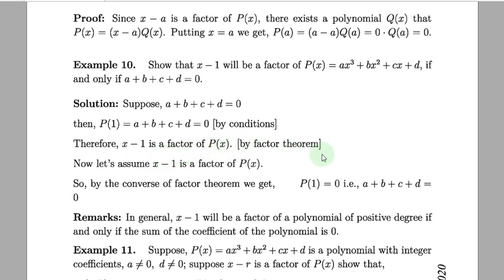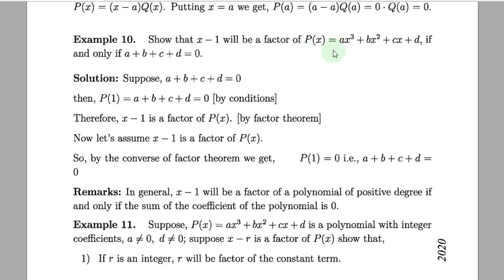And to prove the converse, let's assume x minus 1 is a factor. By the converse of the factor theorem we can say that p(1) is equal to 0. From that we can say that a plus b plus c plus d is equal to 0.